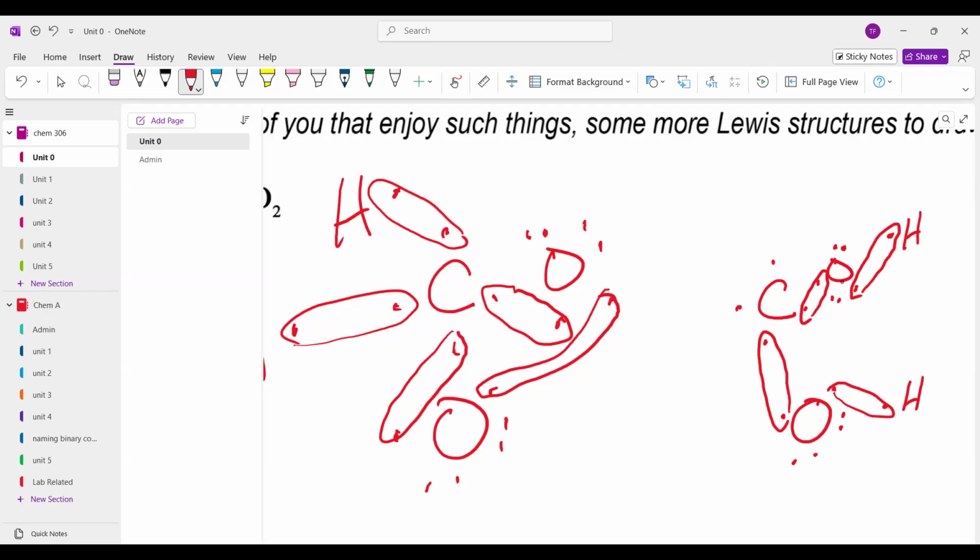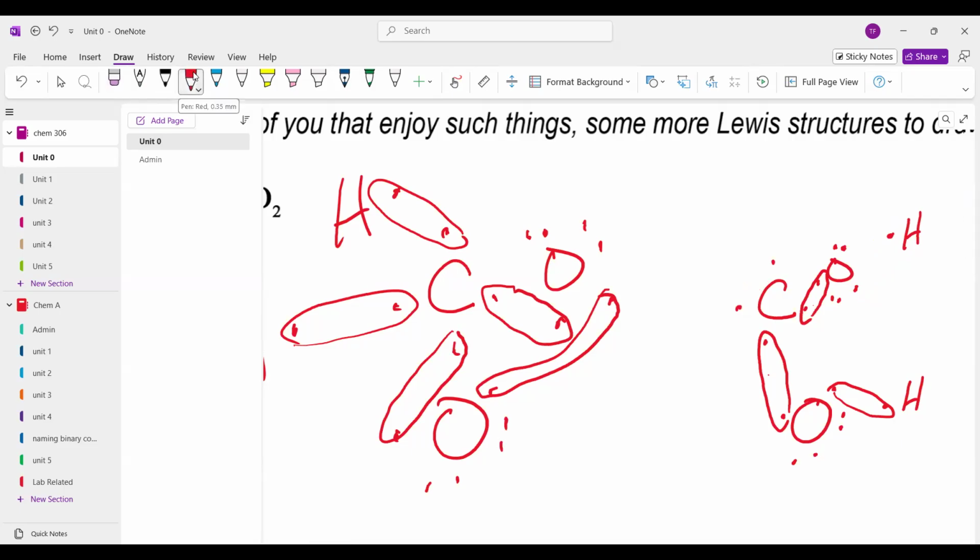Now, if we were to bond these internally, how many electrons is carbon sharing now? We have 2, 4, 6 only. So carbon needs 4 bonds, not 3. So let's take this guy and let's take this guy out also.